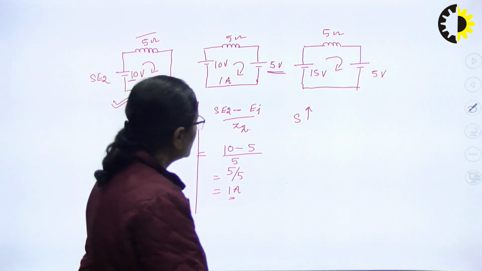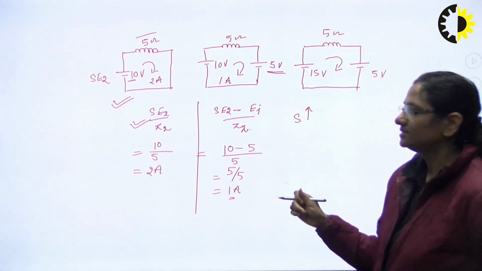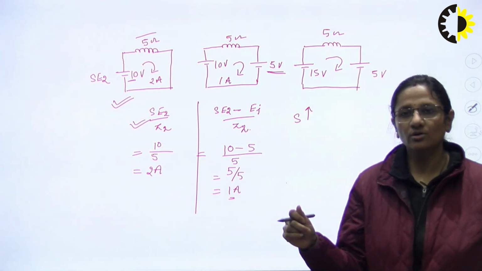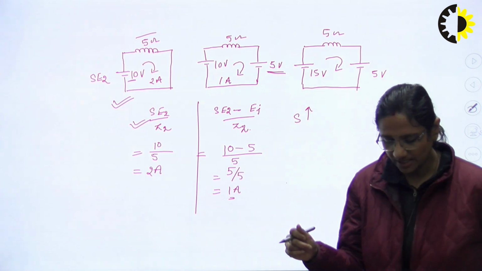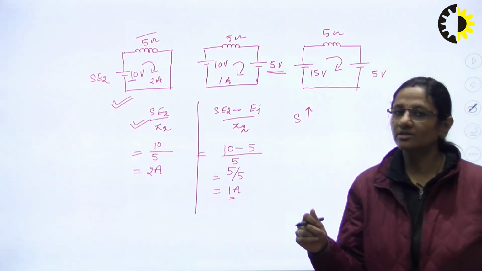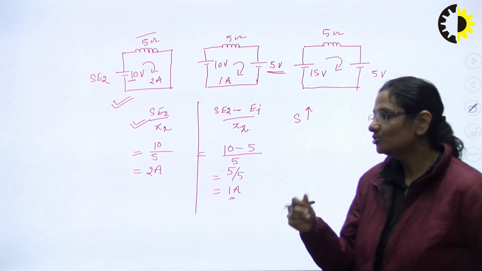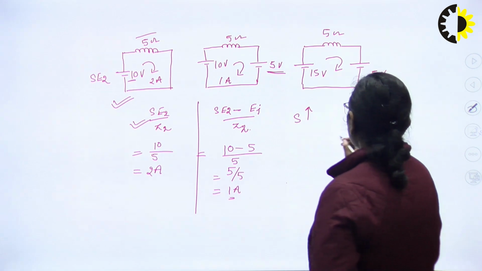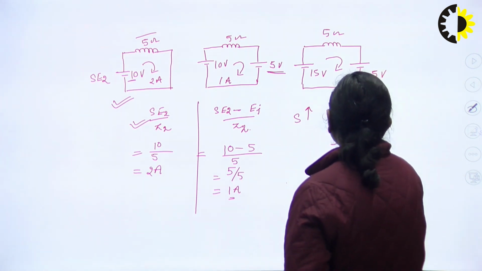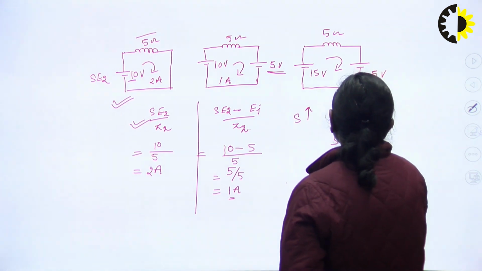What happens now? Because of a reduction in the current, the torque developed by the motor reduces. This causes slowing down of the motor. When the motor slows down, what happens? We know that the operating slip S equals (Ns minus Nr) upon Ns, right?